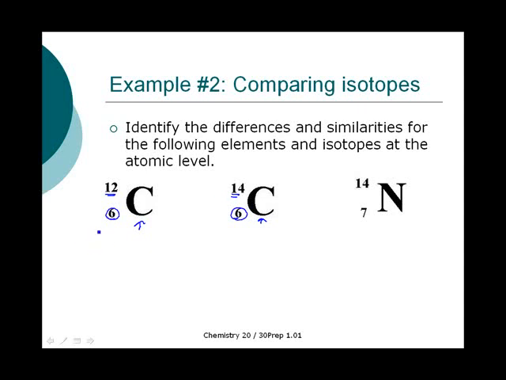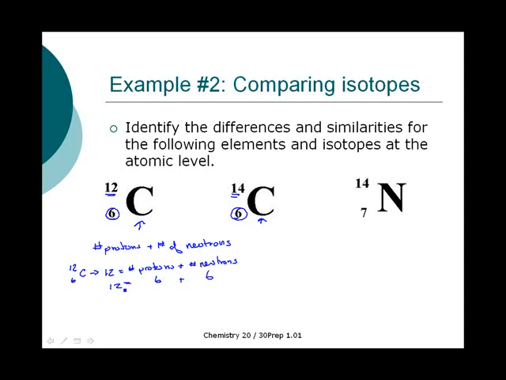Now remember, the mass number is the number of protons plus the number of neutrons. So what that means is, for carbon 12, we know that 12 is equal to the number of protons plus the number of neutrons, which would be 6 plus, in the case of carbon 12, it would have to be 6.